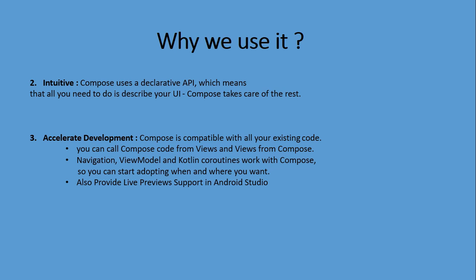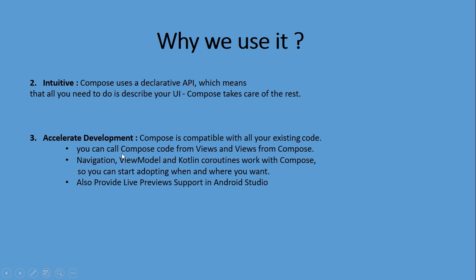Compose is compatible with all of your existing code. It means that if you are working on an existing project, you don't have to make a new project from scratch and do all the new stuff in Compose as well as the old stuff.